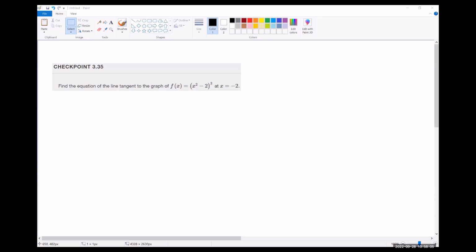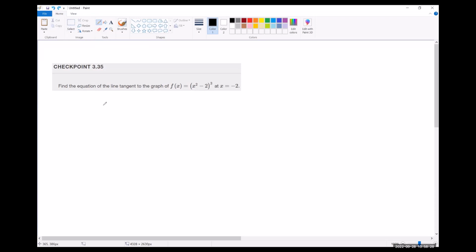So we want to find the equation of the tangent line to that graph. And it might be worth looking at that graph, and then maybe even graphing the line. I think doing those two things will be really helpful.